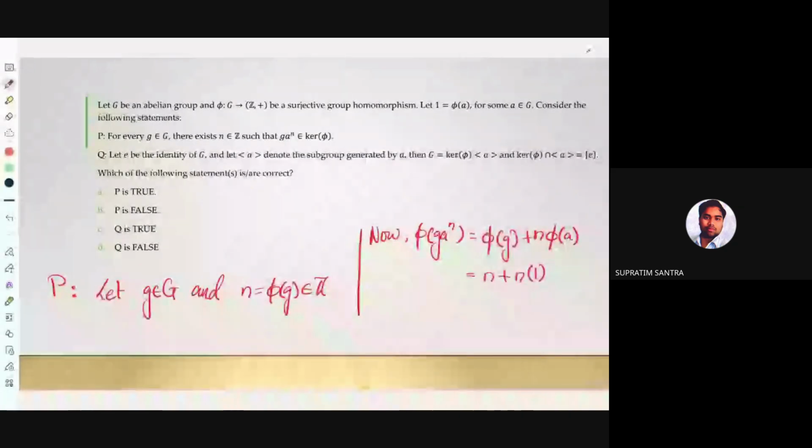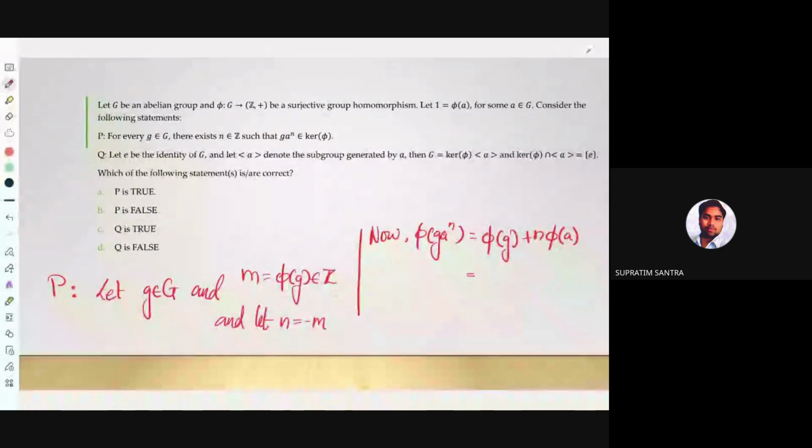So what if we take n to be minus phi of g? We were somewhat right, but we were wrong. Like this won't work. So we can let m be equal to phi of g, which is in Z, and let n be equal to minus m.